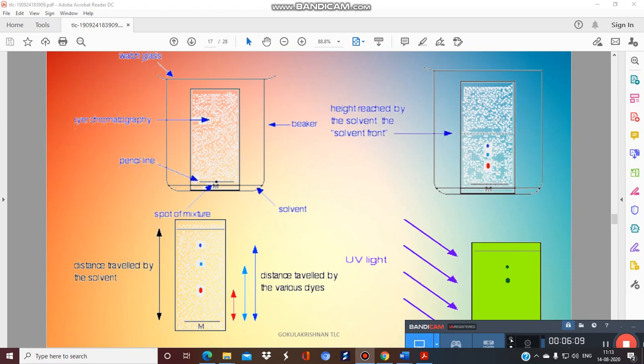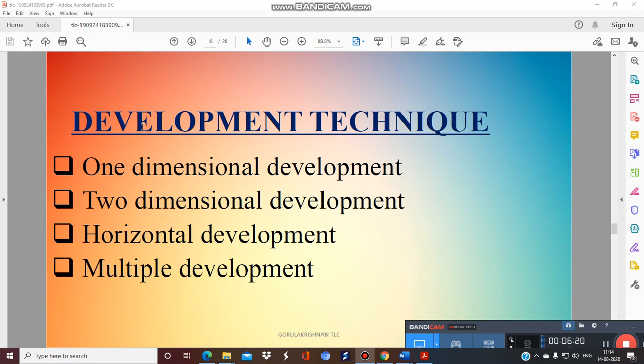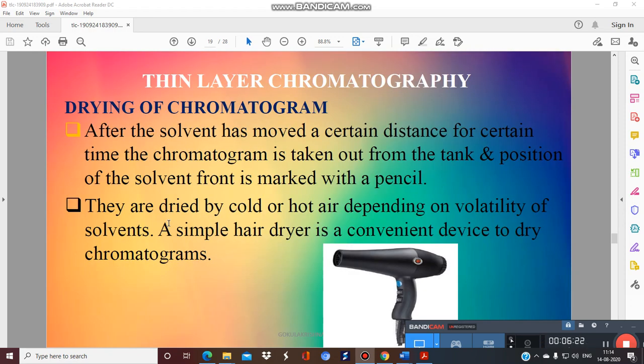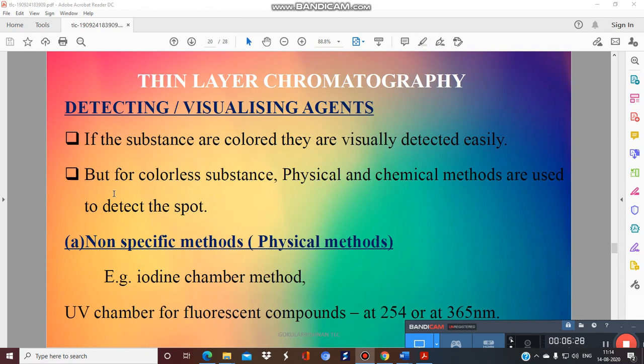After that you will dry your TLC plate again, and you will visualize your TLC plate by different methods. Like in this case, you will observe your plate in UV light, and there are different development techniques for the TLC plate. There are non-specific methods. There are basically two types, destructive and non-destructive.